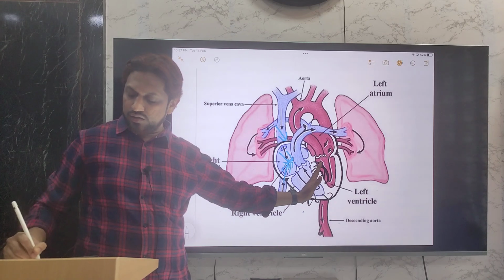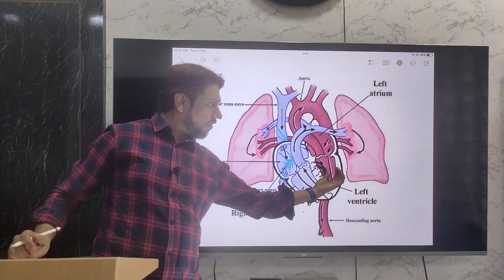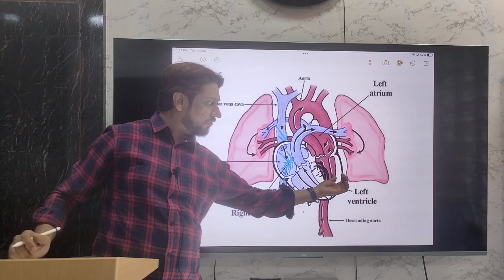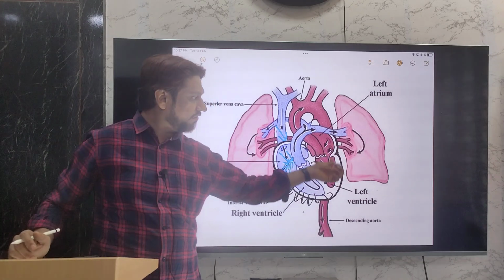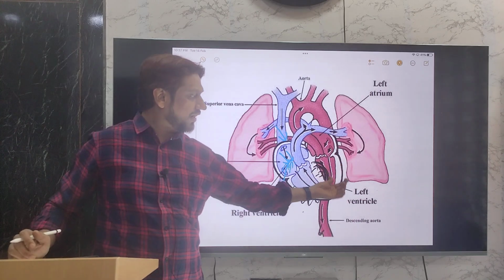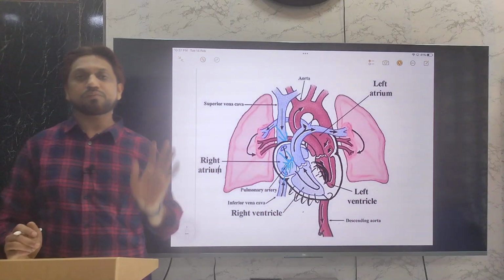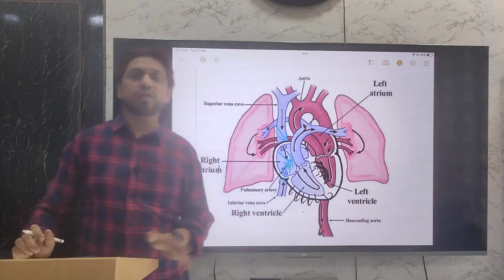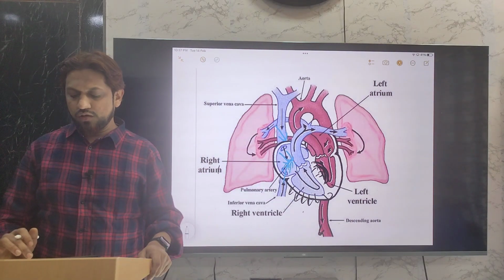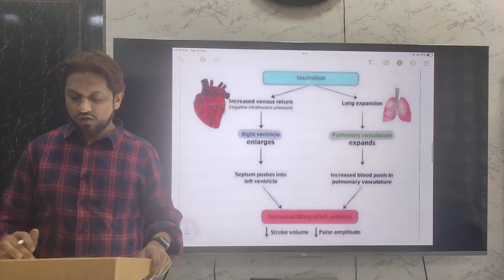Then the end diastolic volume in the left ventricle, its capacity, will be less and the left ventricular filling will be less. That leads to a decrease in the stroke volume, the cardiac output, and the systolic blood pressure. Let me describe this in a flow chart.